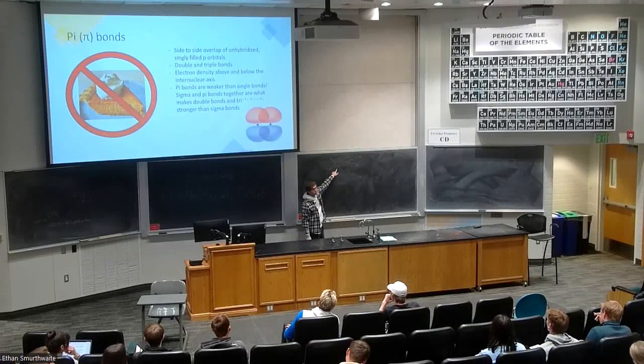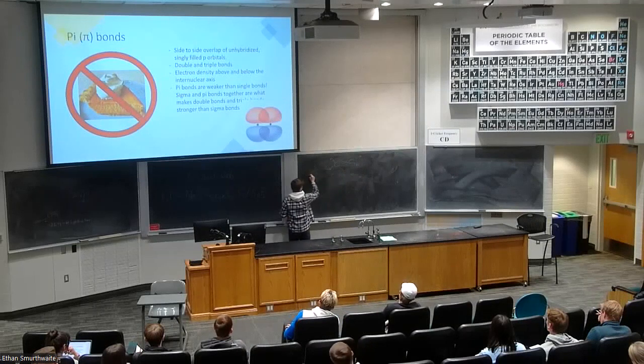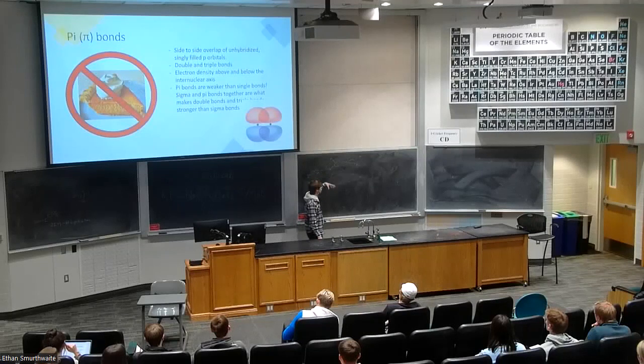The hybridization is sp2 on both of these carbons. That means each carbon has an s orbital and 3 p orbitals, and we've used 1, 2, 3 for sp2. We have 1 p orbital that's unhybridized.